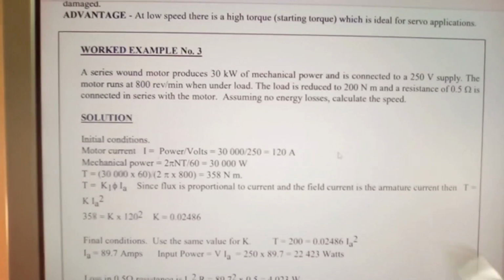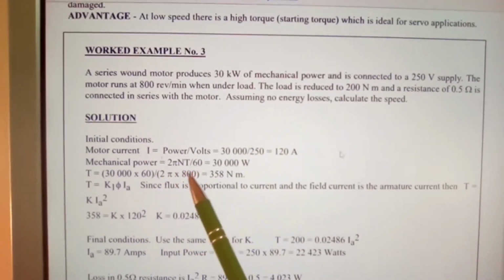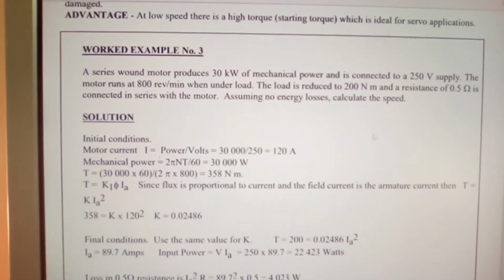Now mechanical power equals 2 pi nT over 60 equals 30,000 watts.